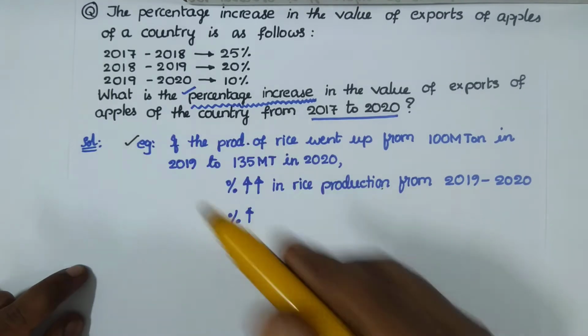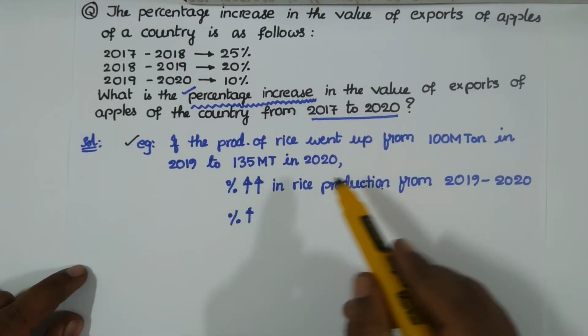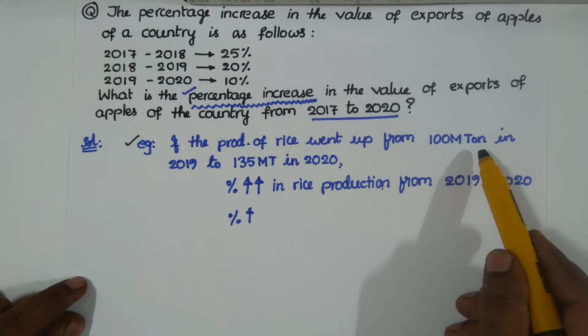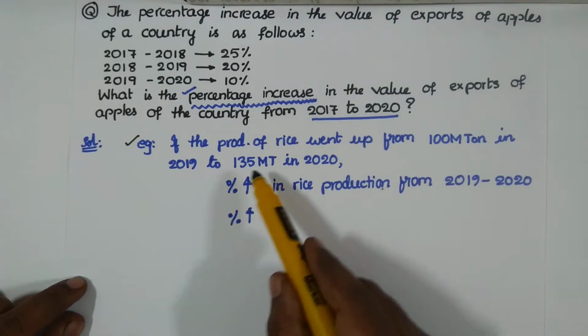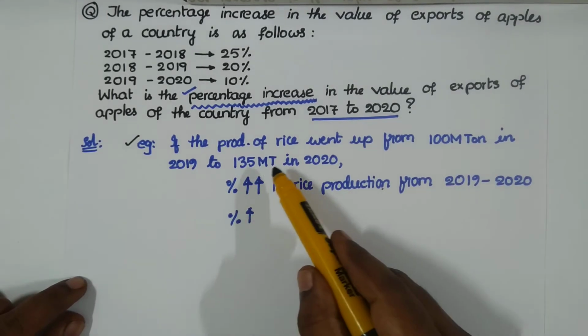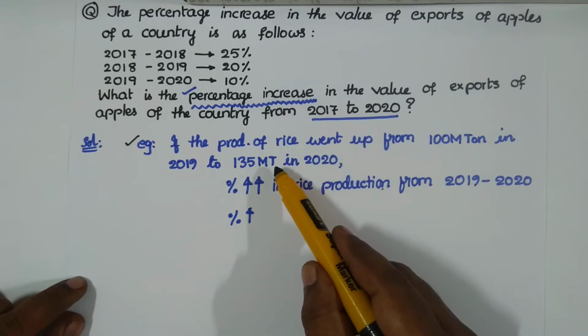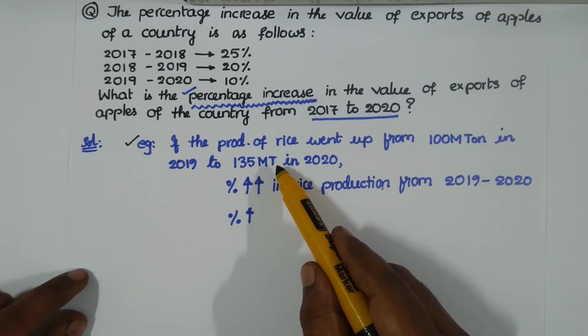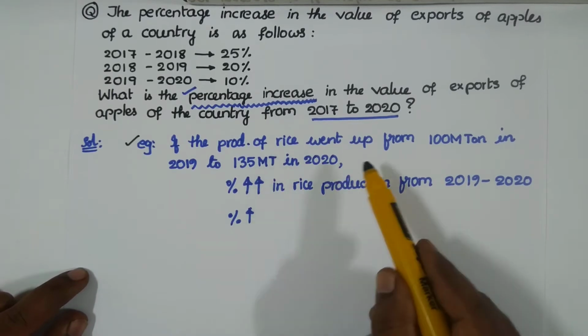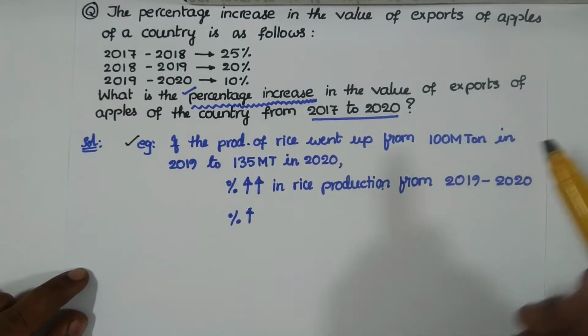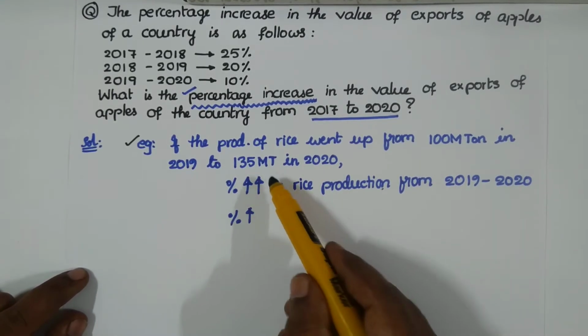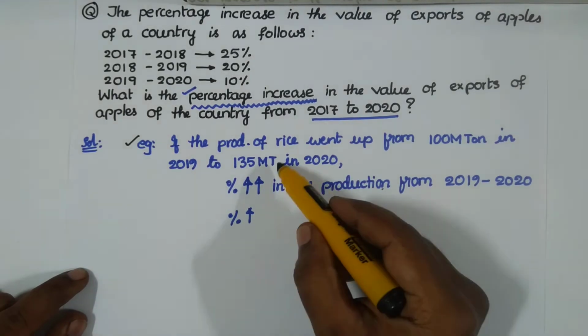If the production of rice went up from 100 megaton in 2019 to 135 megaton in 2020, mega means 10 power 6, ton means 1000 kilo. 1 ton equals 1000 kilo and 1 quintal equals 100 kilo.